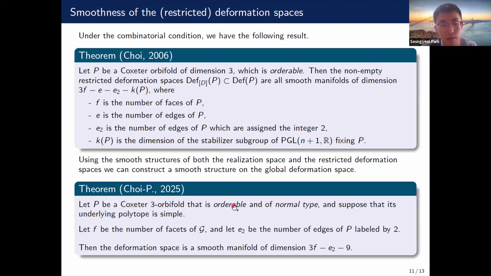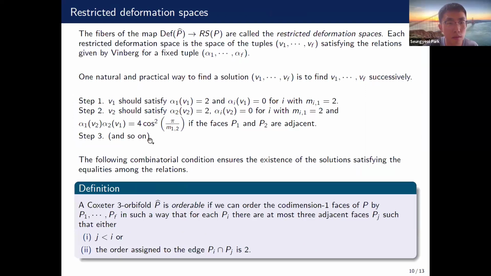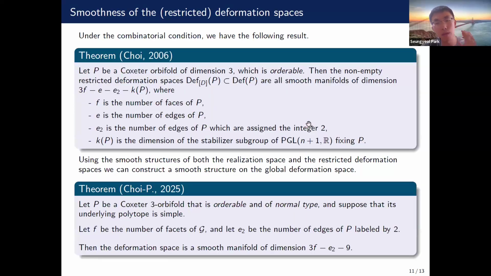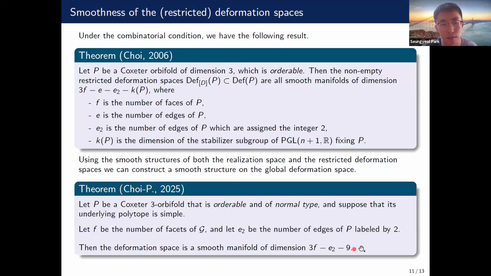So we have smoothness for both the realization space and the fibers. Using that result, I was able to construct the smooth structure on the whole global deformation space, which is a smooth manifold of a certain dimension. Initially, I conjectured that this natural map from the deformation space into the realization space is a fiber bundle, but there are some examples which disprove that. So smoothness is the best thing that we can obtain in this setting, I guess.